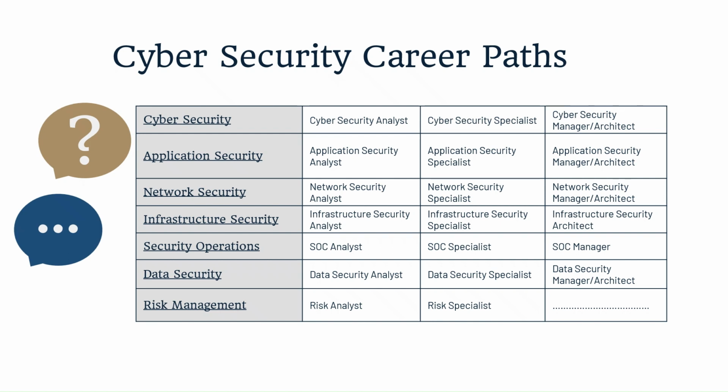So say, for example, for application security, we have application security analyst, which is the entry level. We have application security specialist, which is the mid-career level, and we either have application security manager or an architect position, which is an advanced level.